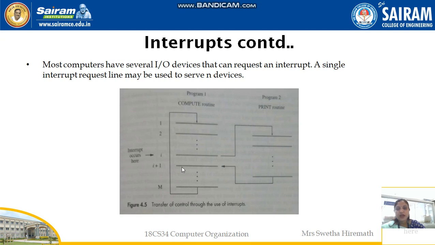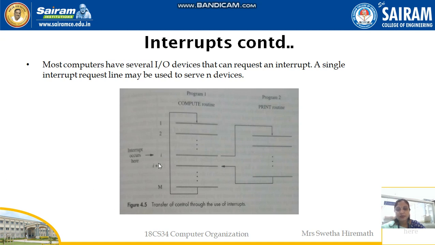Once the interrupt occurs, immediately after the completion of the ith instruction, the control has to be passed from the processor to the print routine. The processor will serve the print routine program after the execution of the ith instruction.